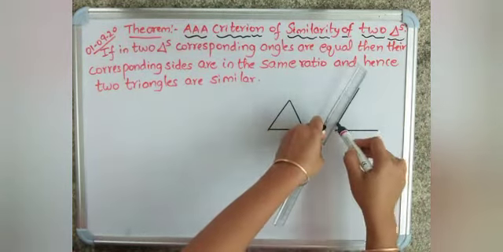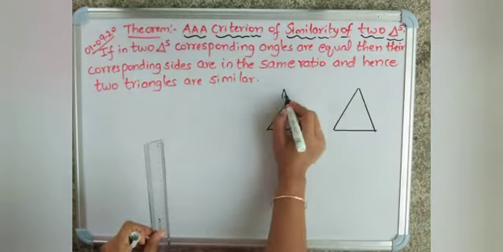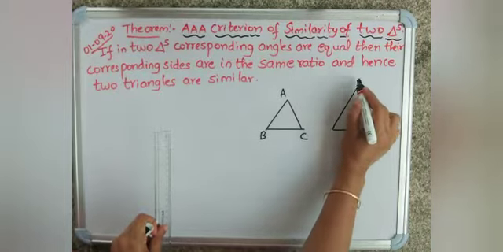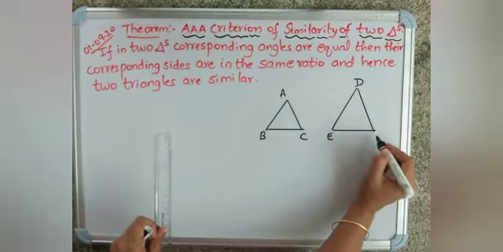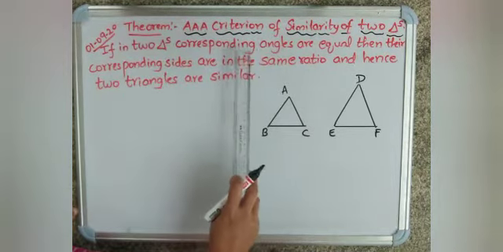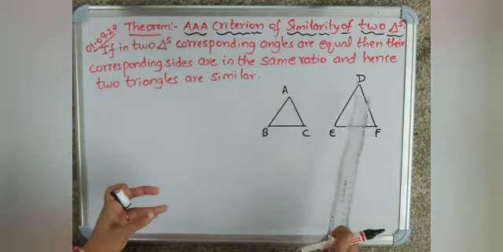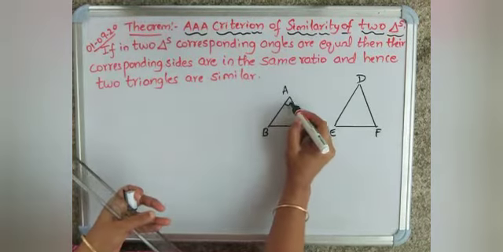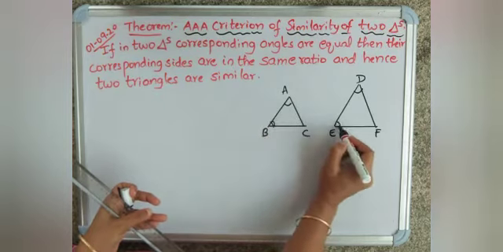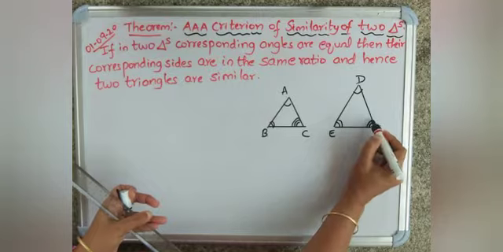So I'm going to name those triangles now: A, B, C, D, E, F. Then what is given is two corresponding angles are equal. So which are the corresponding angles? Let me write. A corresponds to D, B corresponds to E and C corresponds to F.